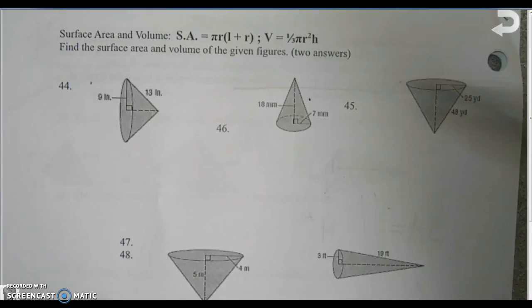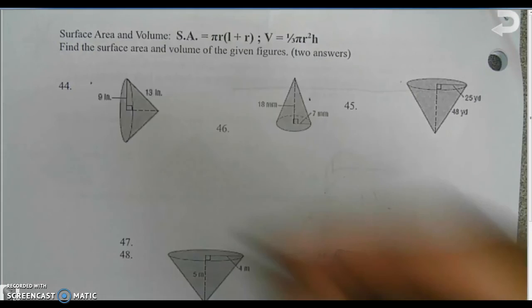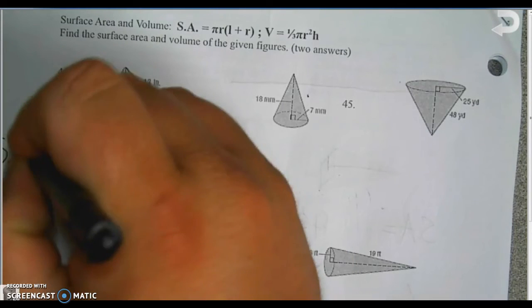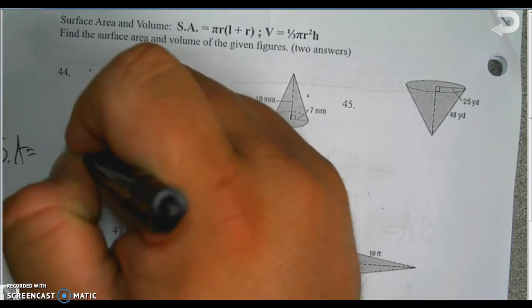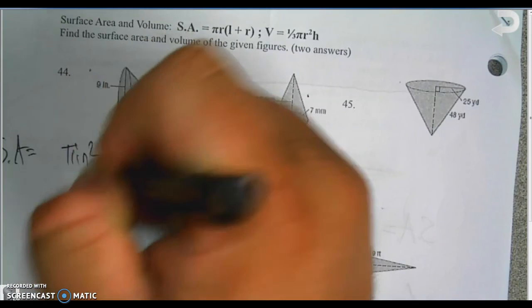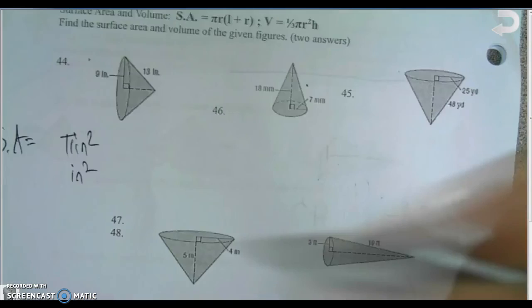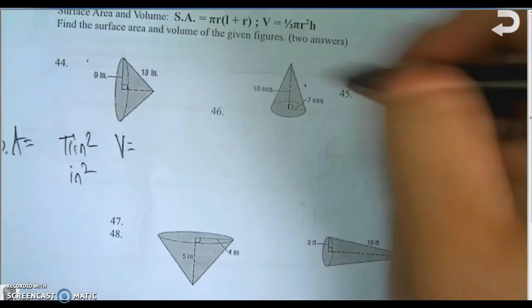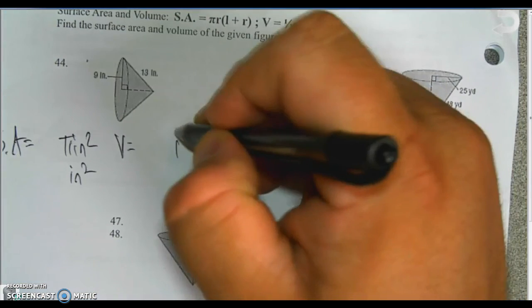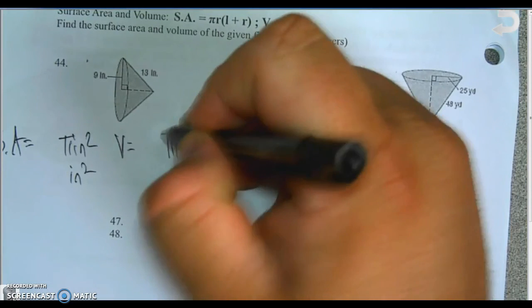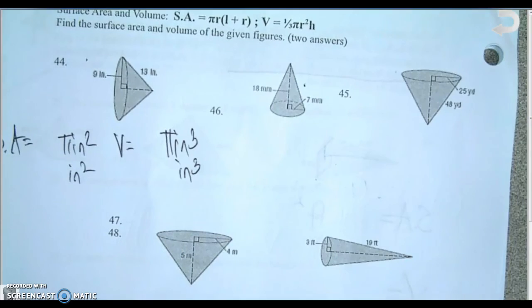So just plan on doing the Pythagorean theorem for all of them. You're going to have 2 surface area answers for each one, something pi inches squared, and then just something in inches squared. And you're going to have 2 volume answers for each one, something pi inches cubed, and then you multiply by pi.